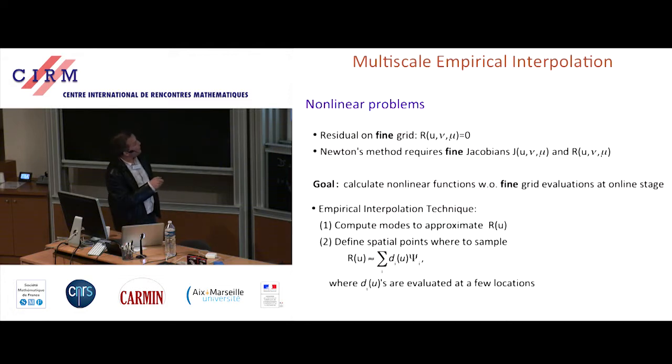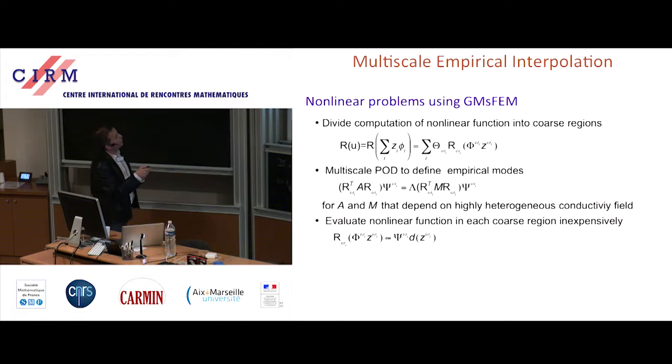So the way we go about it is we compute the residual snapshots locally to each of the elements, and we try to define the spatial points in which we have to evaluate this residual to minimize the cost. To do so, we do a partition of the problem into coarse regions, and then we solve a proper orthogonal decomposition to obtain the coefficients.